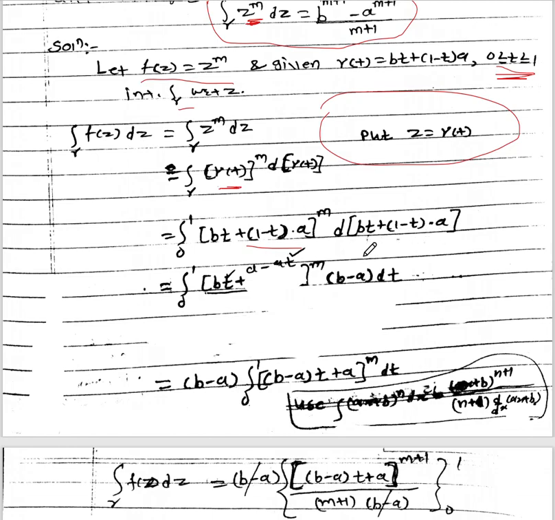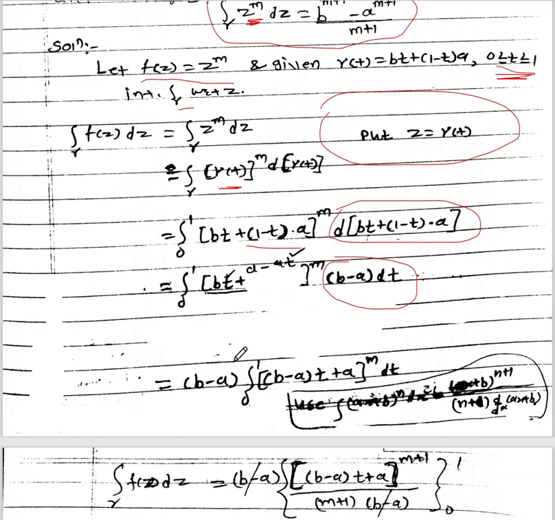The derivative of this can be written as b minus a dt. If you calculate the derivative of this term, you will get (b minus a) dt.